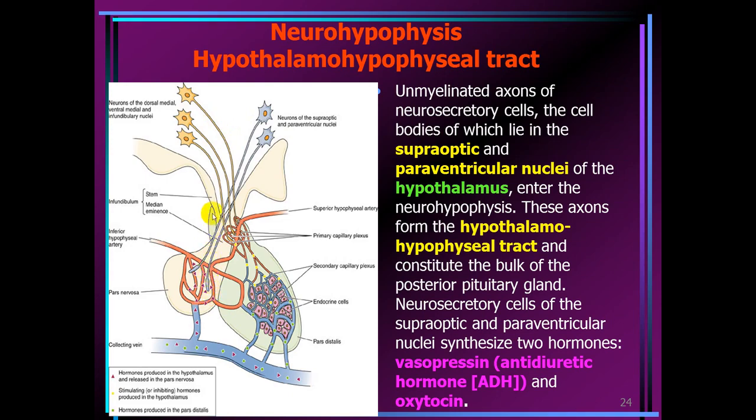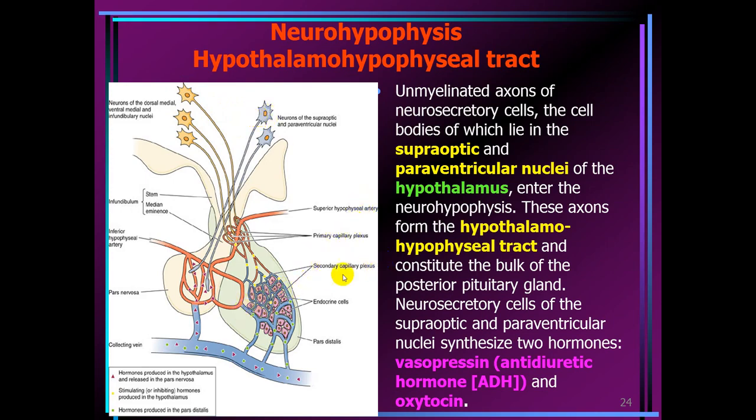It means that neurohypophysis itself doesn't produce any hormones, but it has the dilations of axons of neurosecretory neurons of two nuclei of hypothalamus, and here in these dilations concentrate the hormones which are produced in the bodies of these neurosecretory neurons.